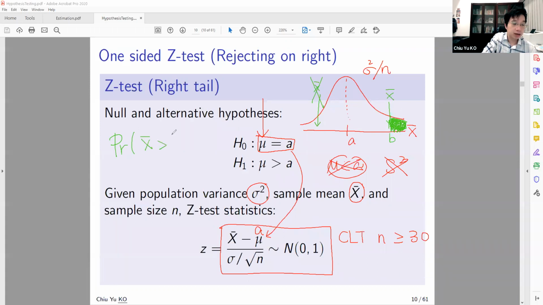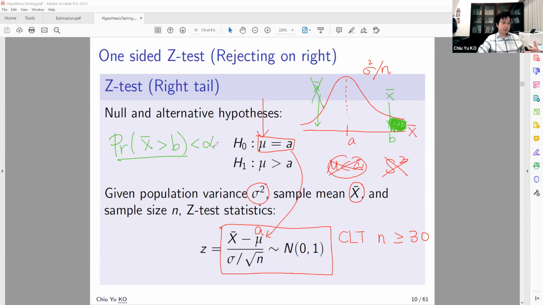It's bigger than B, okay? Is very, very small, okay? In particular, is less than alpha, okay? Which is the level of significance or level of type 1 error we tolerate, okay? Then we will reject, right?